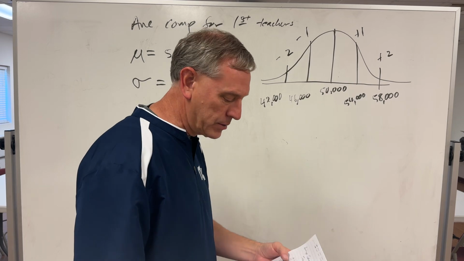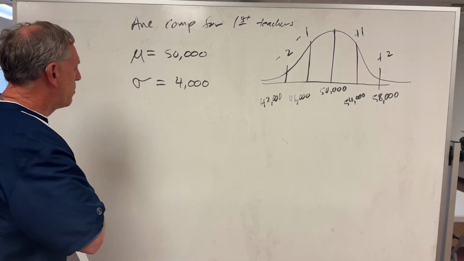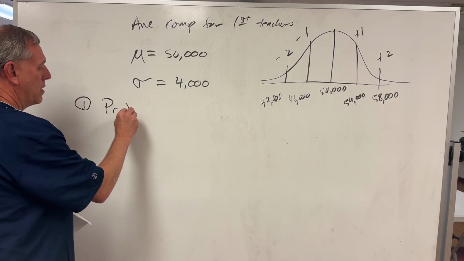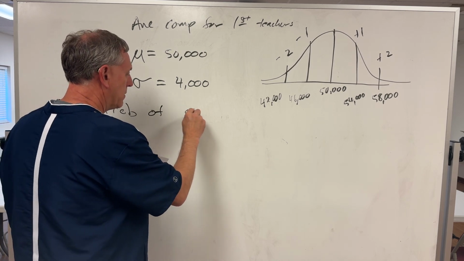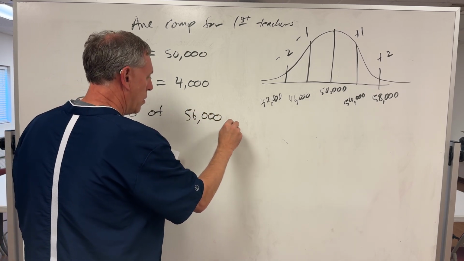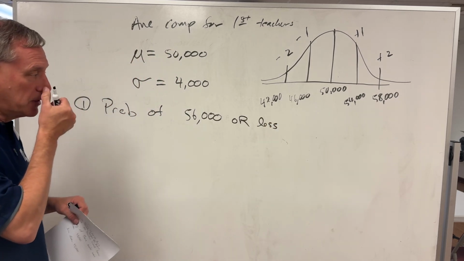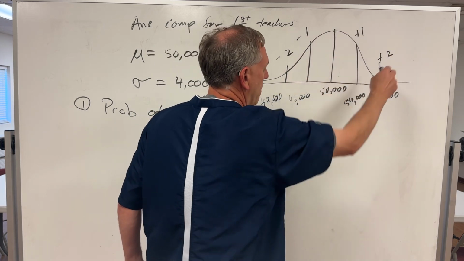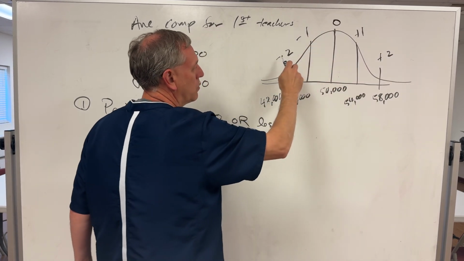And what we want to ask is a couple of questions. Question 1: what is the probability of making 56,000 or less? First of all, we need to find the z factors.